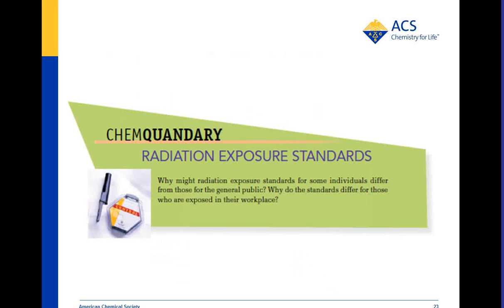Well, the ChemQuandaries are always great to spark a discussion, and I think this one is certainly relevant with their putting it all together. It says, why might radiation exposure standards for some individuals differ from those of others?